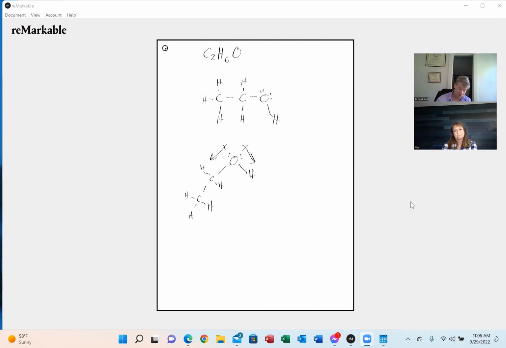The oxygen-hydrogen bond is polar. So we have a polar molecule. We can actually treat the CH3CH2 group as the same. So I could have really, honestly, written this like this.